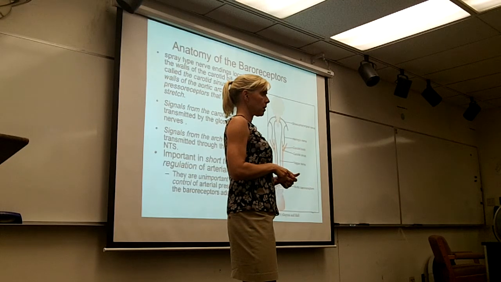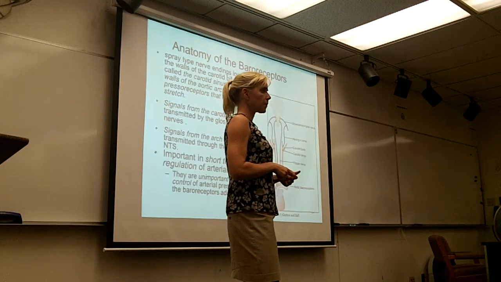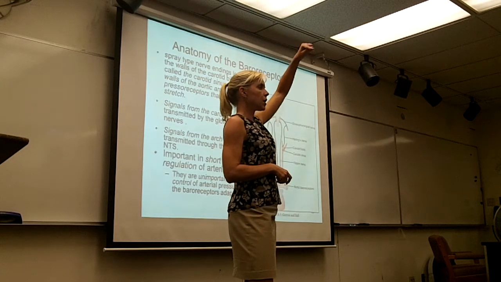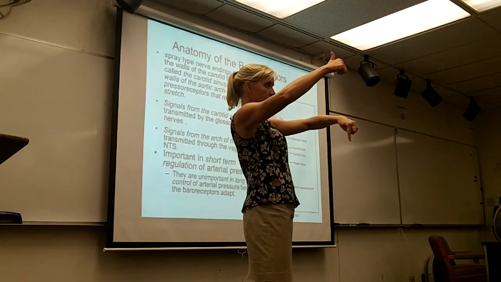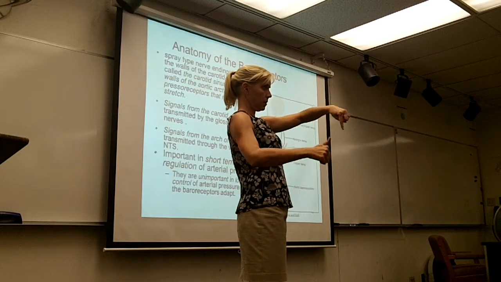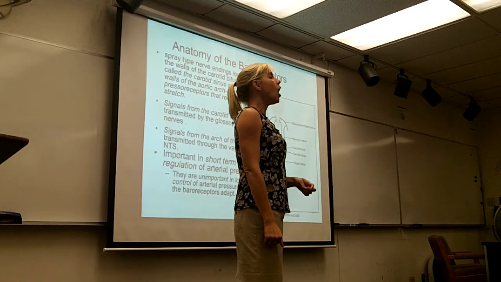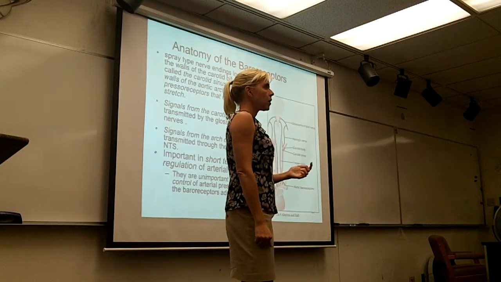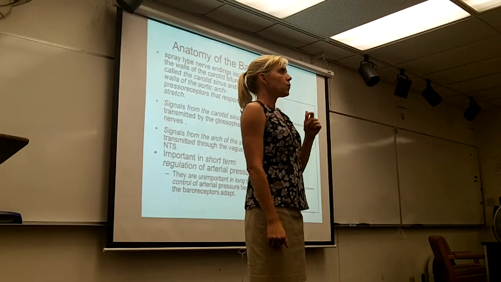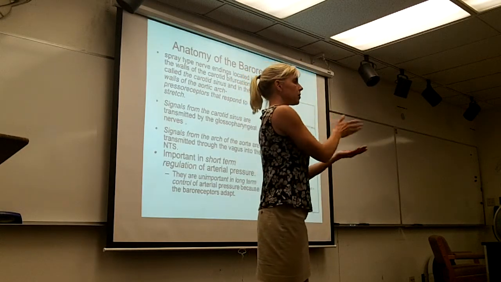Is it kind of like a positive feedback? When you increase one, you increase the other. This is negative feedback. So decreased pressure leads to increased sympathetic response. If you want to think of it that way, we're talking about a reflex arc, and you're only picking the starting point.